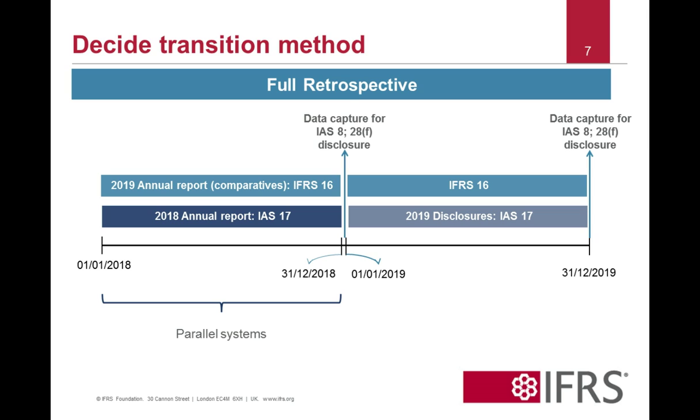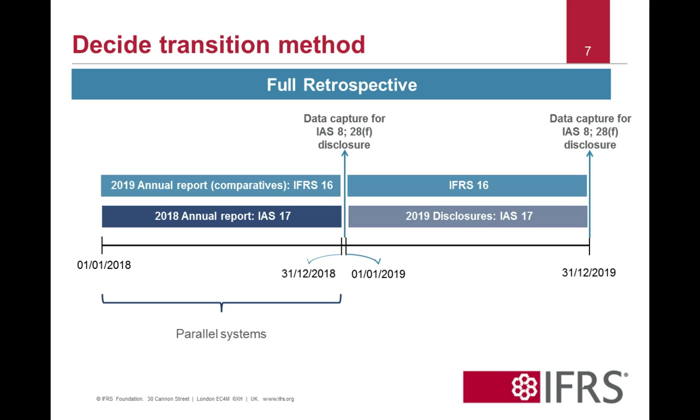However, in its 2019 annual report, this lessee also has to restate its comparative figures. That means that, in reality, it needs to transition its accounts to IFRS 16, i.e. get all of its leases onto the balance sheet from the 1st of January 2018.